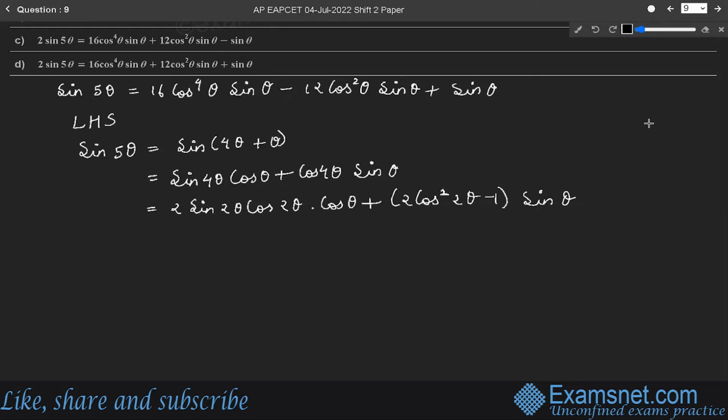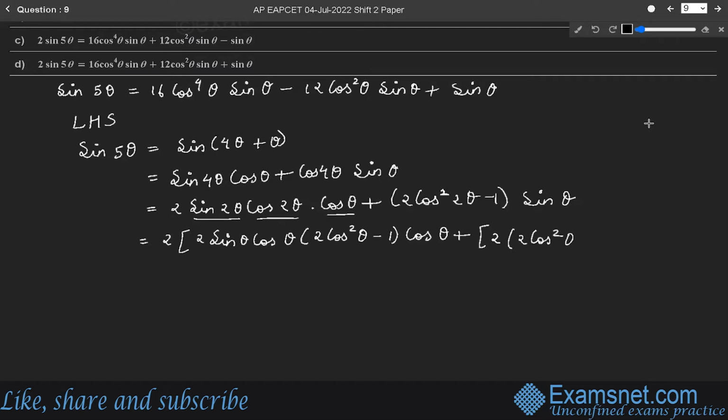Now taking 2 common, again putting the formula for sine 2 theta, it becomes 2 sine theta cos theta into, again, cos 2 theta can be written as 2 cos square theta minus 1, into cos theta remaining, so cos theta, plus, taking 2 common, again this will be 2 cos square theta minus 1 whole square minus 1, into sine theta.